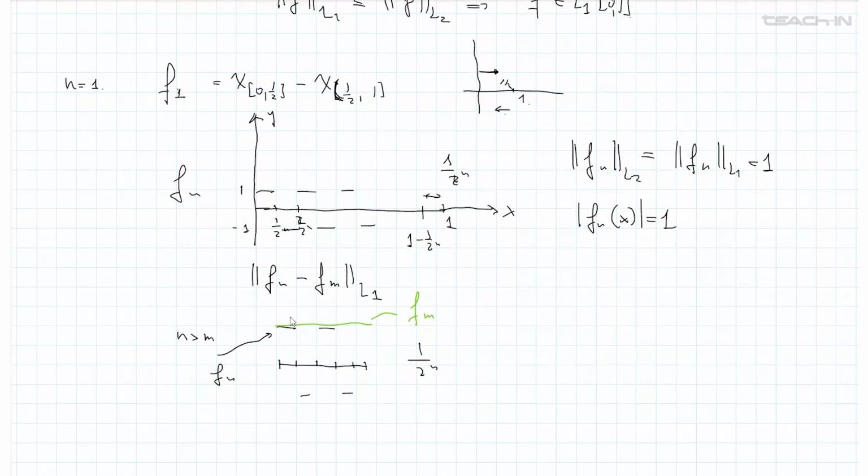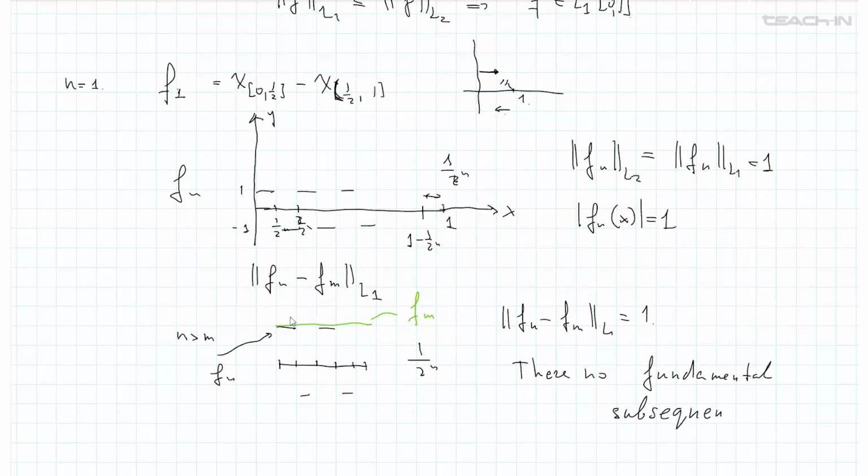And where we have 1, the difference equals 0, yes? But when we have minus 1, the difference equals 2. So it's easy to see that the norm of f_n minus f_m in L1 equals 1. So there is no fundamental subsequence. Yes? Is it clear? Yes. Okay.